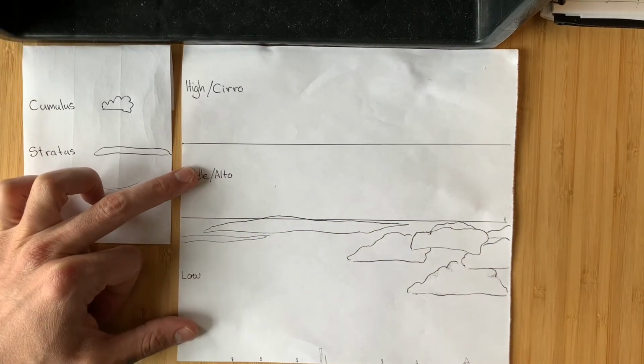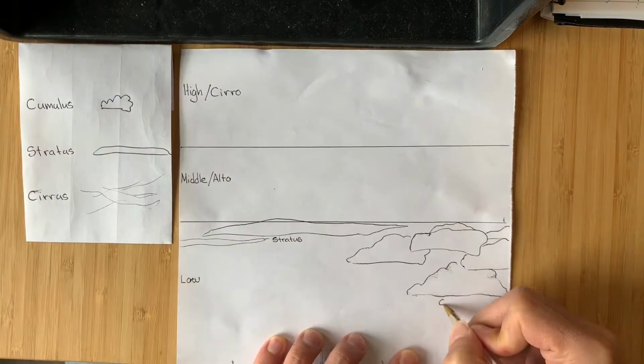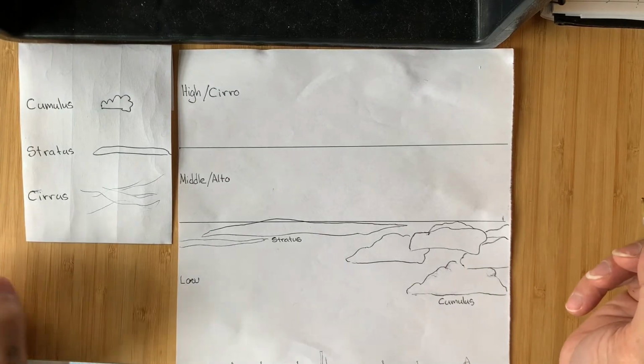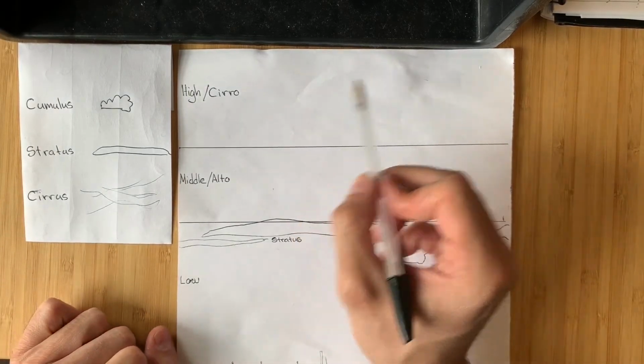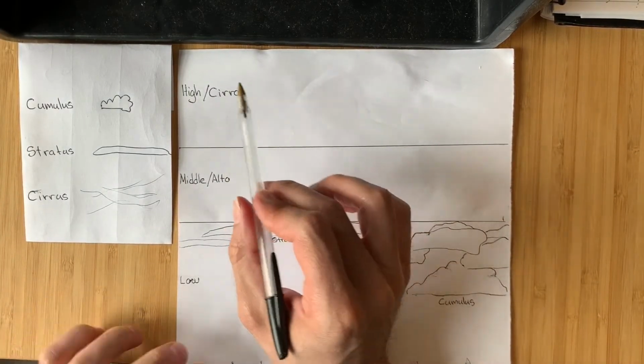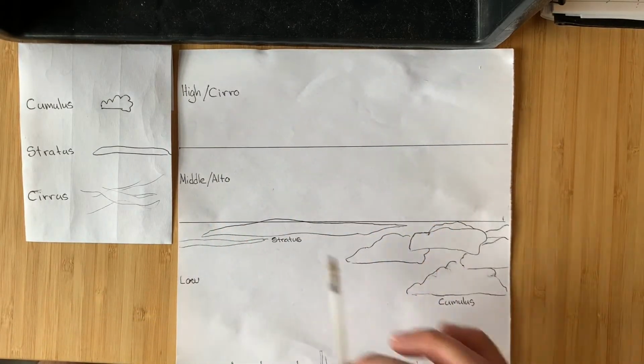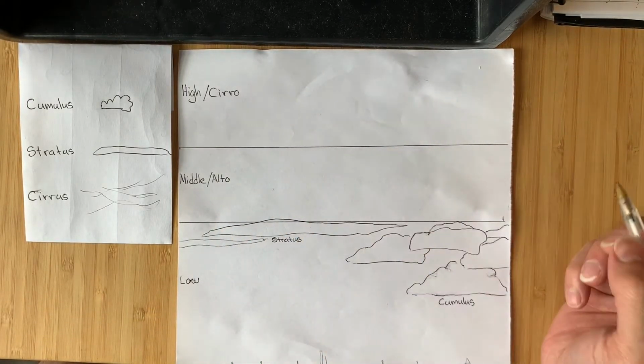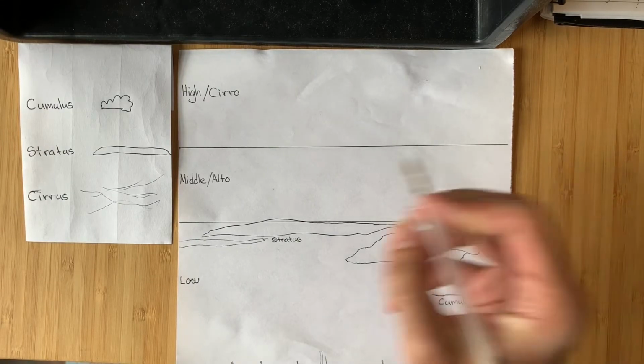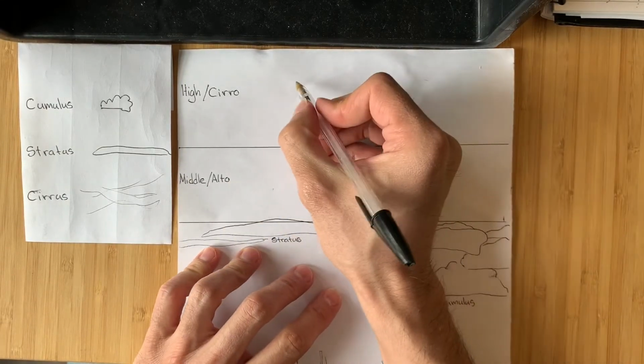And now I'm going to label them so we don't forget. And then all the way up here, remember the cirro, or the high level in the sky where the clouds can be, which one do you think goes up there? Yeah, that's right, cirrus. So I'm going to draw some cirrus clouds now.